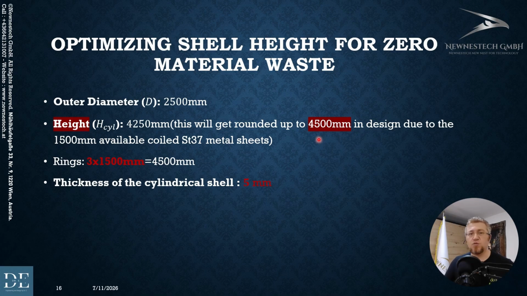Because the standard market width for hot rolled steel coils and sheets is precisely 1,500 millimeters. By setting our height to 4,500 millimeters, we can build our shell using exactly 3 rings of 1,500 millimeters each. This clever adjustment gives us a bit of bonus storage volume while completely eliminating the need for plasma or gas cutting. Reducing the labor and achieving zero material waste are other bonuses we can expect.